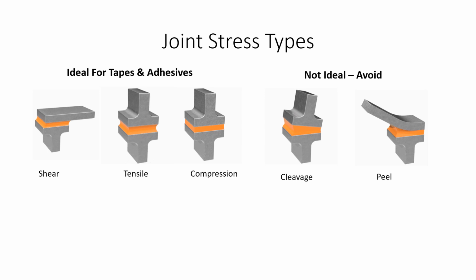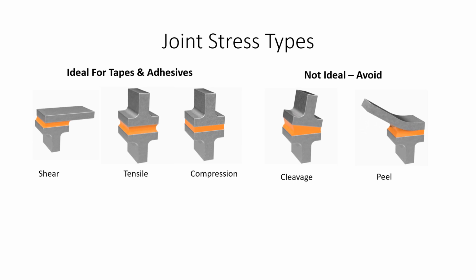Compression is a pushing force. So anything that's on top, it would be compressing down. All of these are very advantageous stress types for tapes and adhesives. So if you're working on an application that sees shear, tensile, or compression, it's probably going to be a good application for a tape and adhesive.